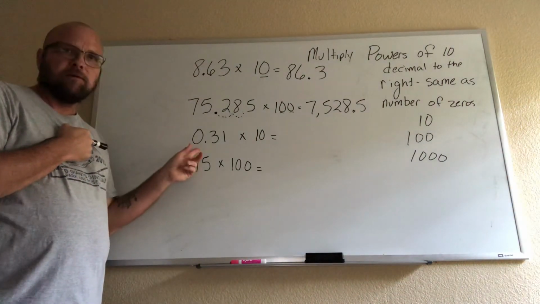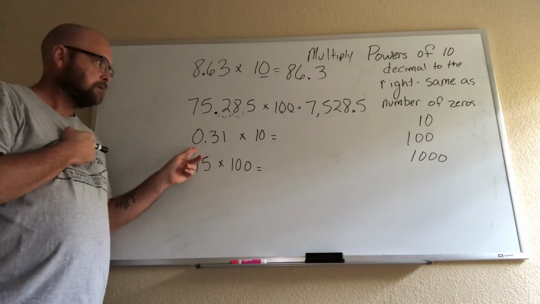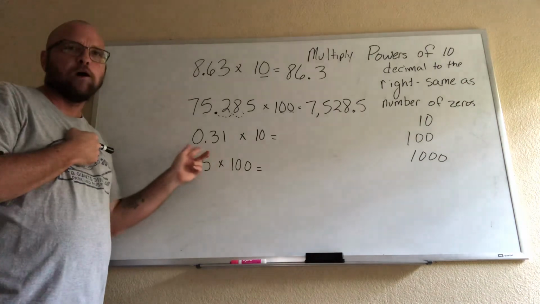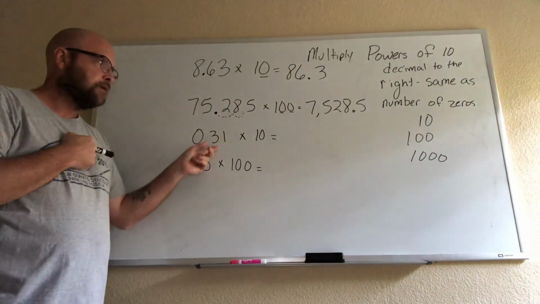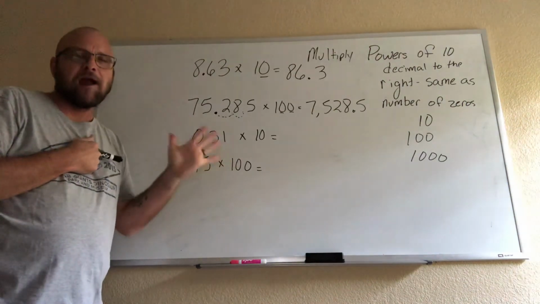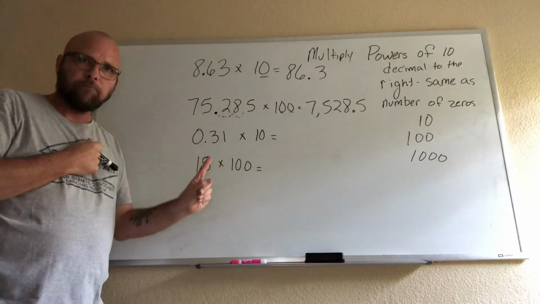Okay, this one. I have a 0 in the ones place. So this is a small number. This is less than 1/2. If I multiplied 50 cents, or half a dollar, times 2, I would get $1. I'd get one whole.